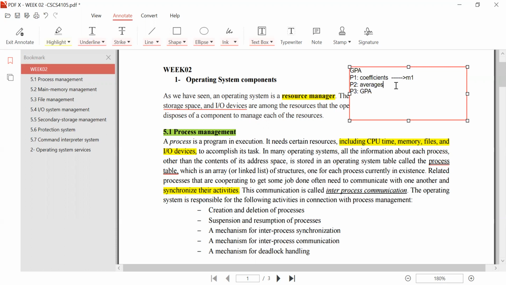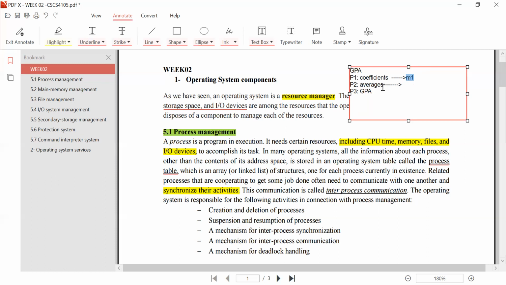And then process two will go and read from that memory space. Process one could just, after having the results, store it in M1, which is a shared memory space between all these processes. And process two will come and read from this memory space.